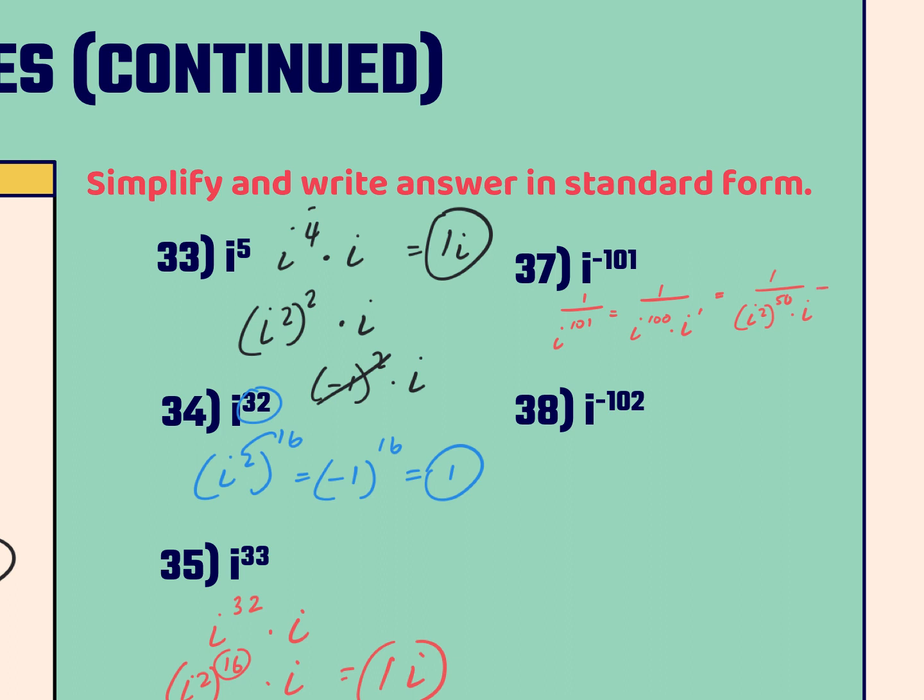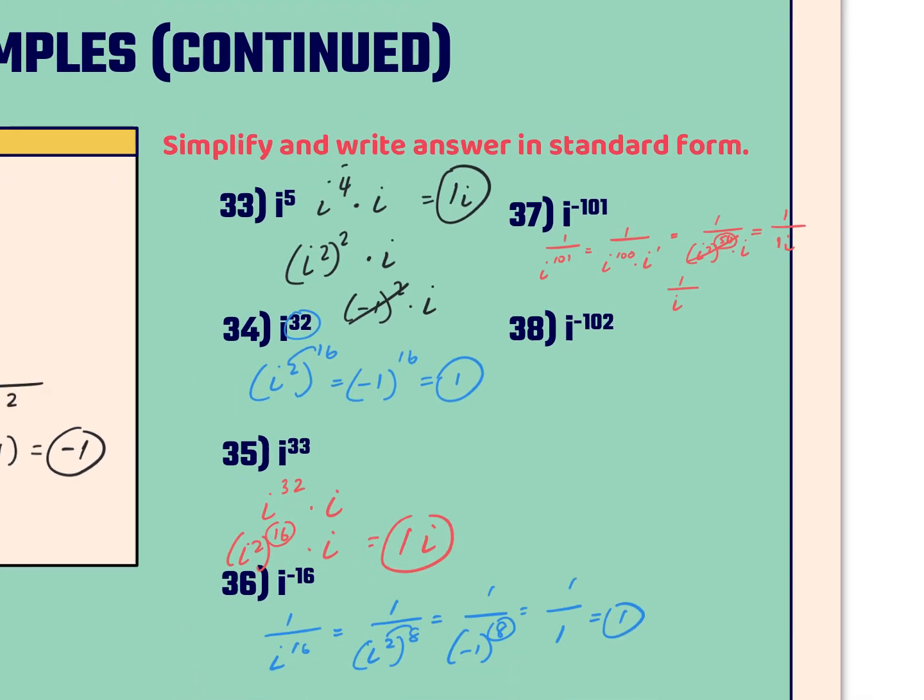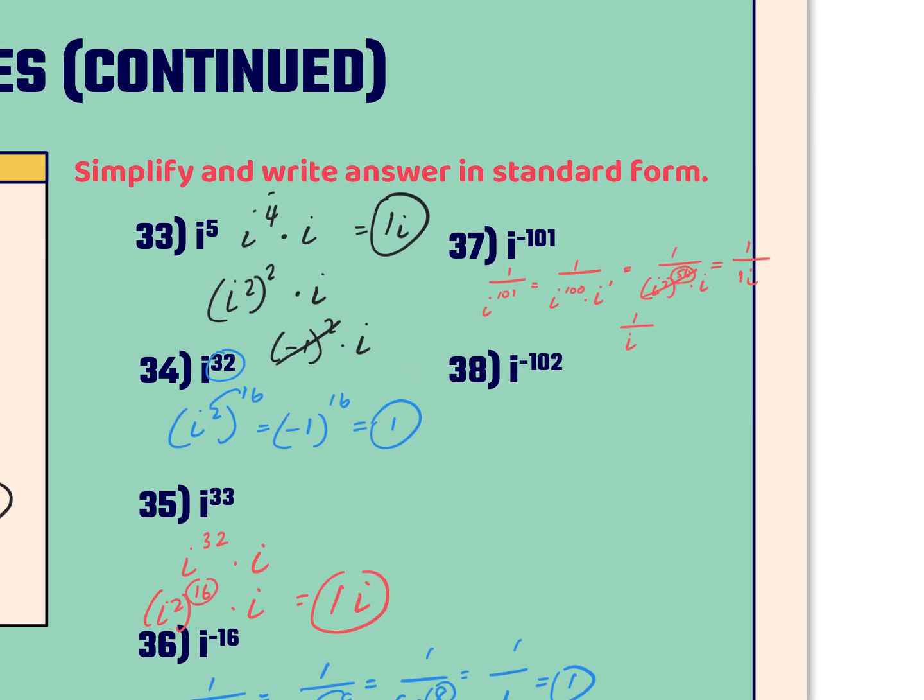So again, I know i squared equals -1, and I have it raised to an even power, so I know the product is going to be 1. So my answer here is 1 over i. But remember, we cannot have i in the denominator, correct? So what I'm going to have to do is rationalize. I'm going to do i over i, and I get i over i squared, which equals i over -1, which equals -i in the long run.